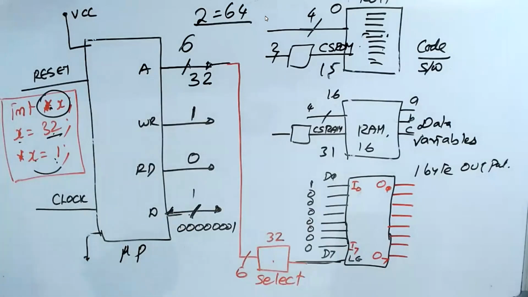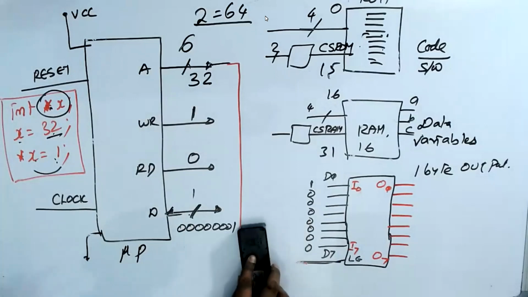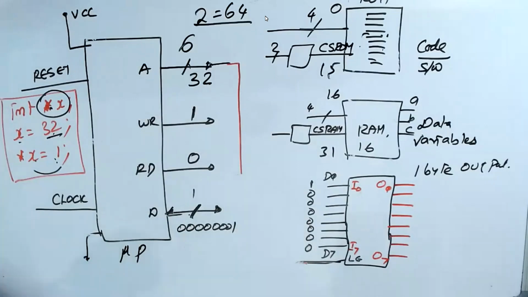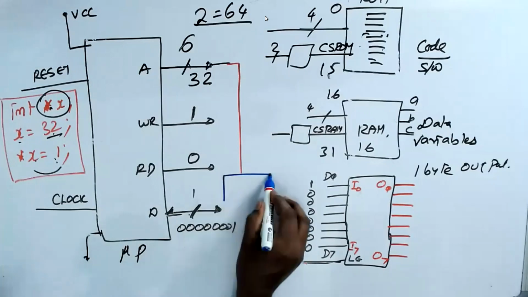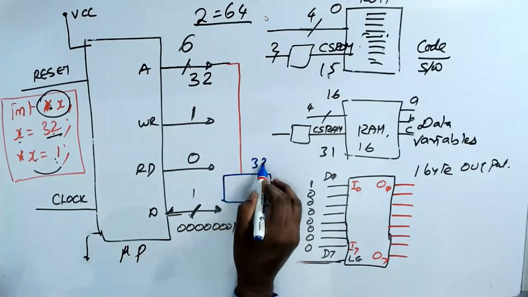But let me put one small thing here, please. I have a logic. Address is 32.